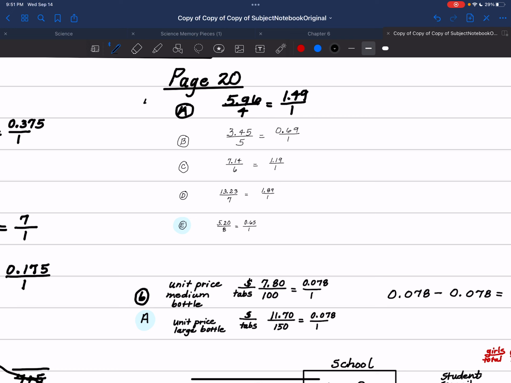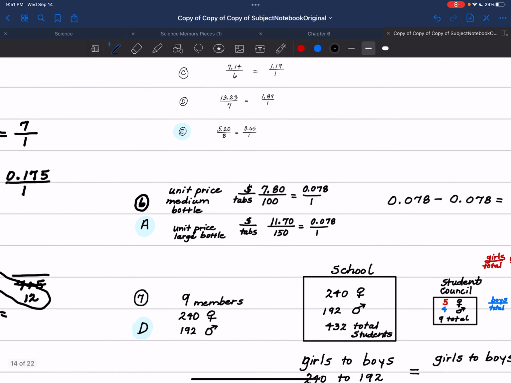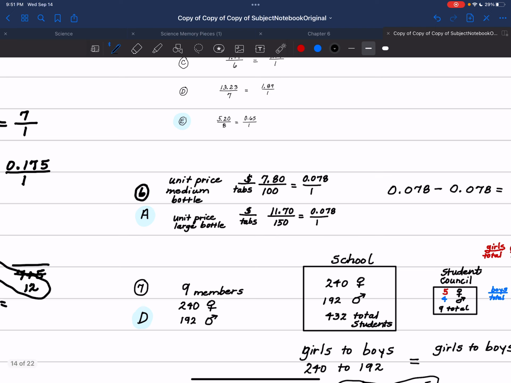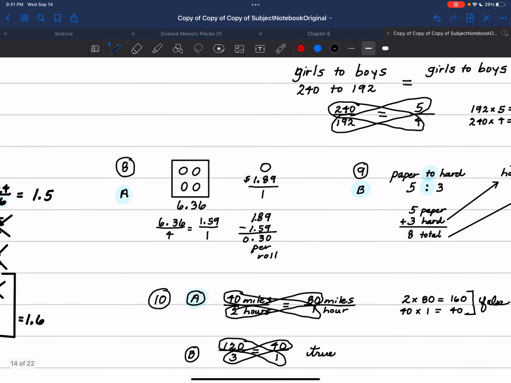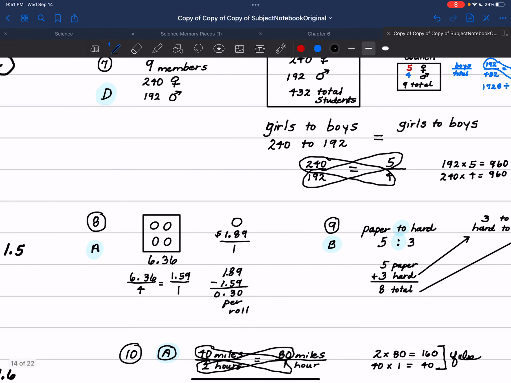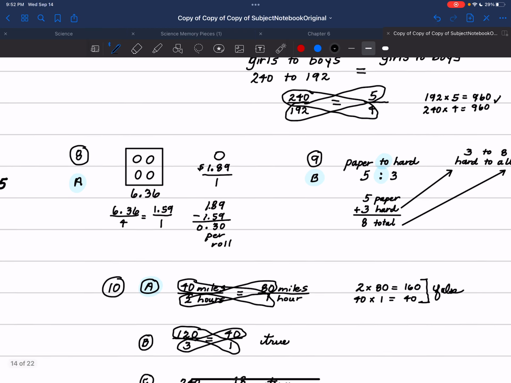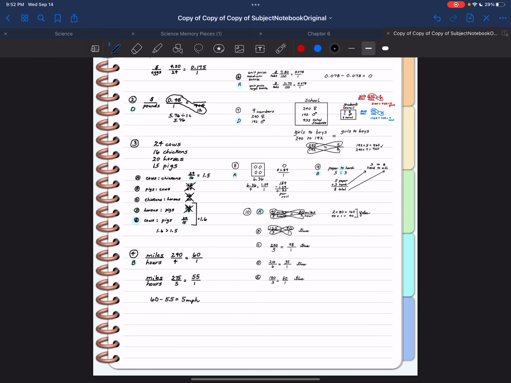Yes, this was number 5. 5 was E. 6 was A. 7 D, 8 A, 9 B, and 10 A. So far, we are 10 for 10 on these problems. So I'm going to stop the video and we'll come back and look at page 21.